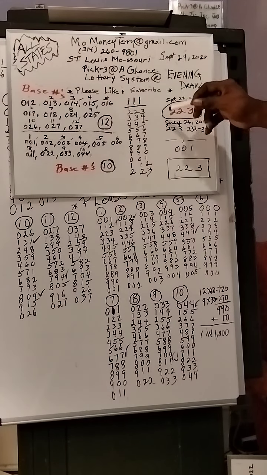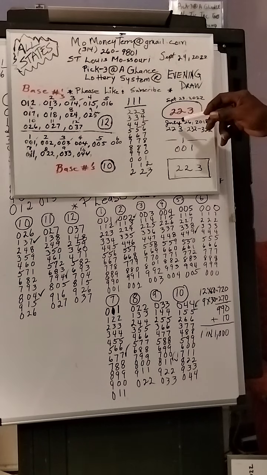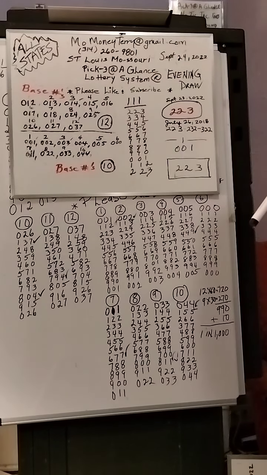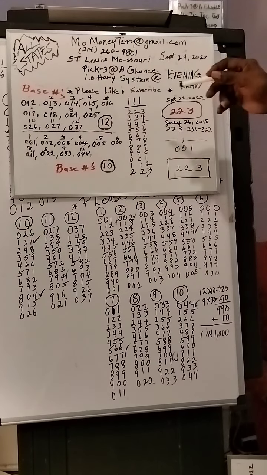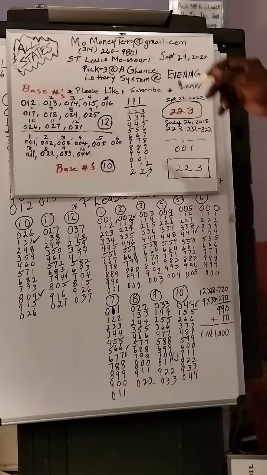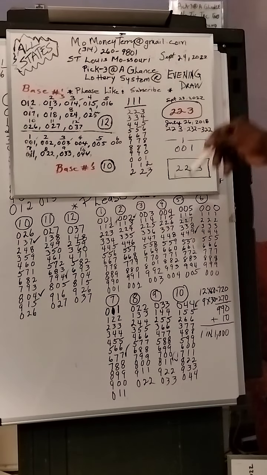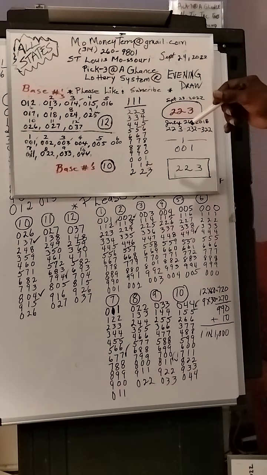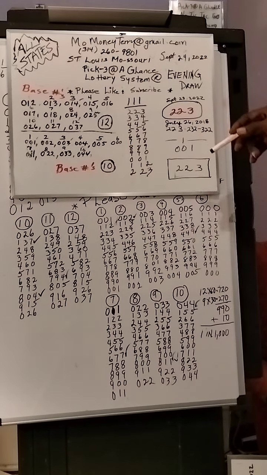The last time in Missouri this number came out straight was July the 26th, 2018. So like I say, it takes 3 or 4 years for these numbers to rotate through. That's why it's imperative that you track the actual numbers to win, if you want to win a decent amount of money on it.